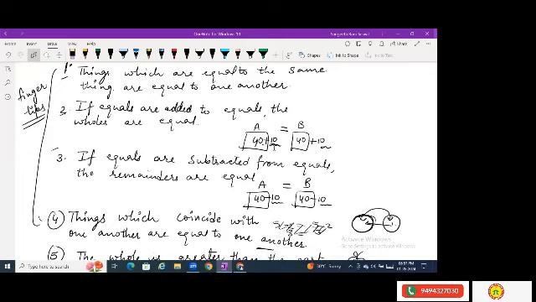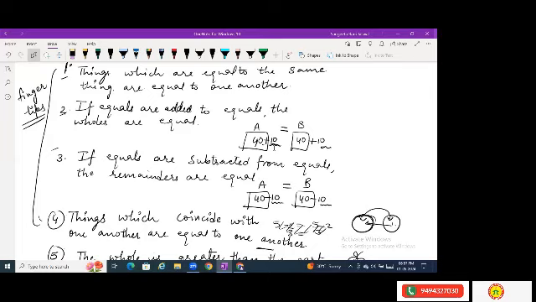If I coincide a figure with another figure with the same measurement, they will be equal again. If I have a square with each side 4 centimeter and another square with all sides 4 centimeter, and I keep one on top of the other, their area will be equal again.